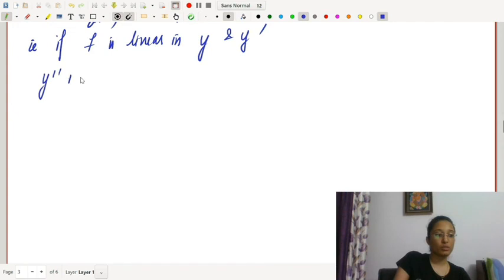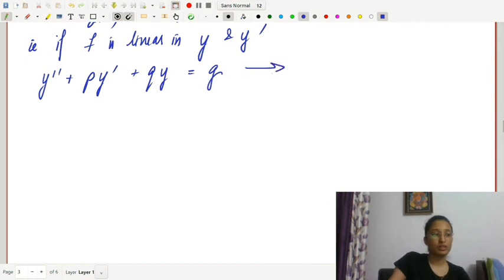Hence, y double dash plus p y dash plus q y equal to g is the general linear differential equation of second order. These are also called primes. Basically, double differentiation with respect to x of y.